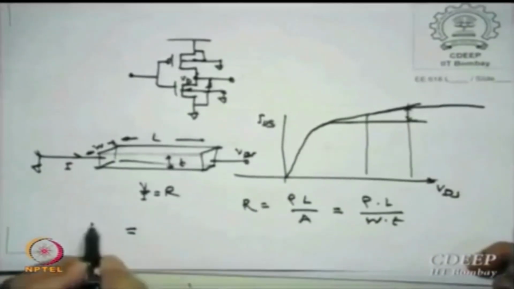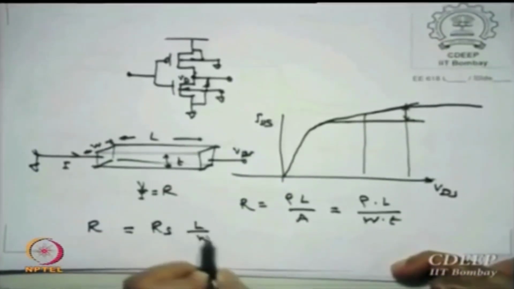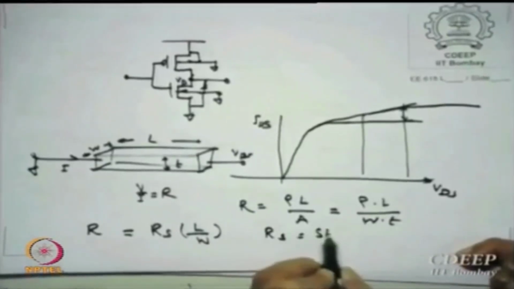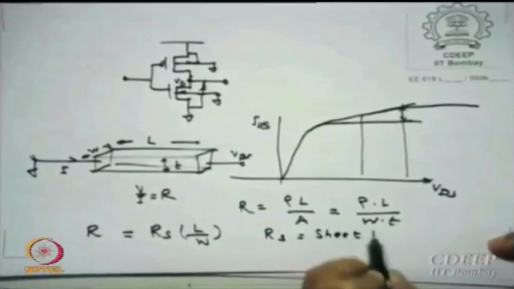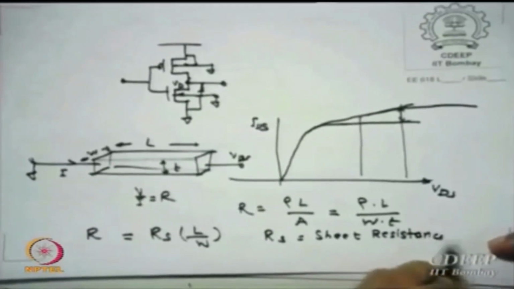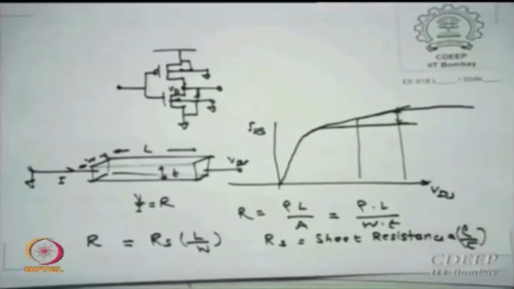So that is called R is equal to RS L by W, where RS is called sheet resistance or sheet resistivity, either of them, which is rho by T. For a given technology, generally this is available, because we are not going to put anything separately.